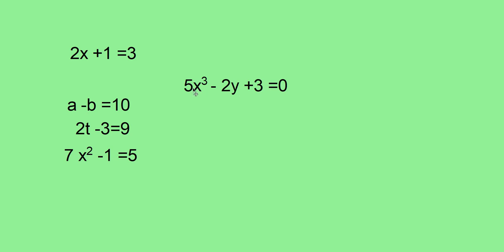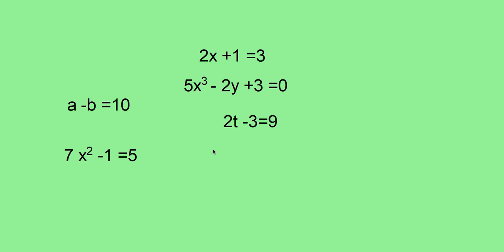So this is an equation in two variables. Now what about this one? Here only one variable, x, is involved. So this is an equation in one variable. Can you find one more equation in one variable from this group? Yes, 2t minus 3 is equal to 9 is an equation in one variable. 7x square minus 1 is equal to 5 is also an equation in one variable.